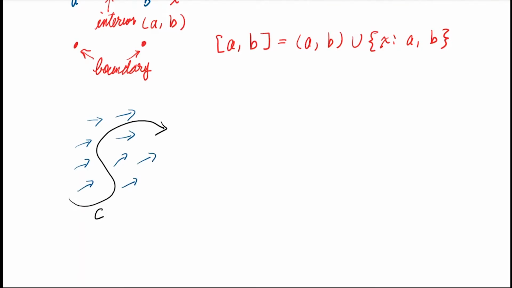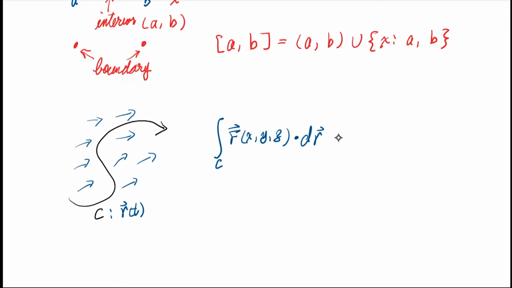So the integral along C of your vector field F, which could be a function of x, y, and z, by the way, dot dr, where r of t describes that curve C. r is a vector function.